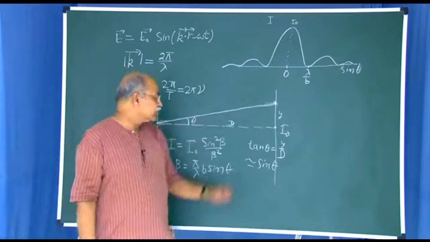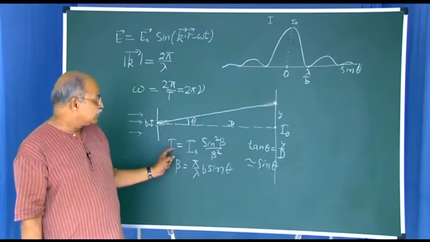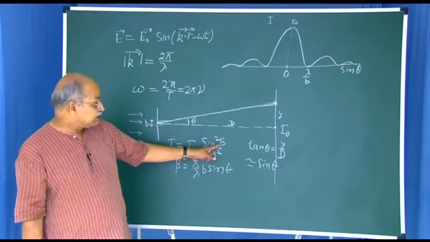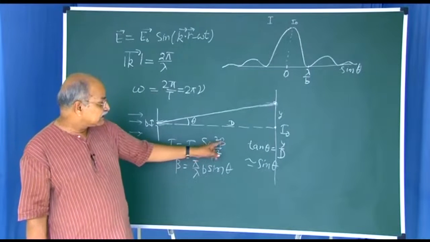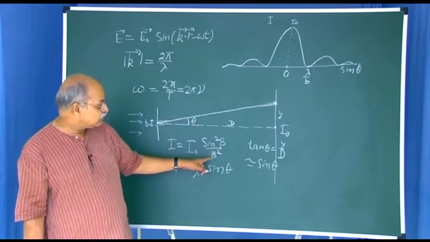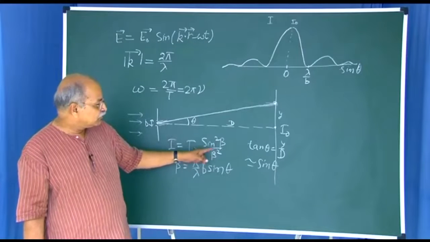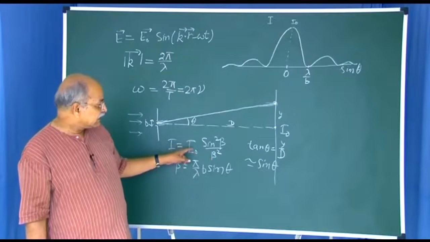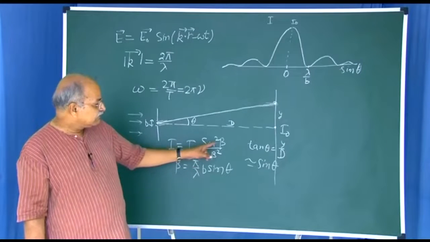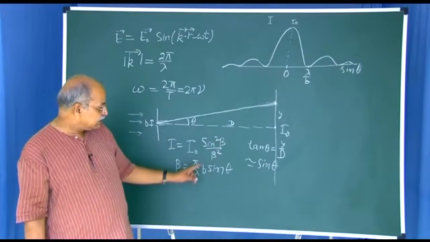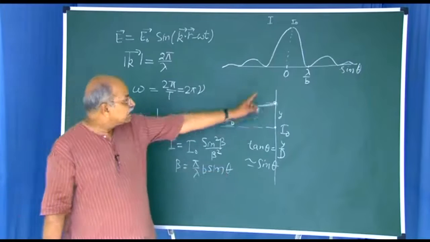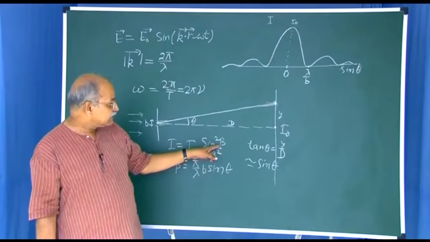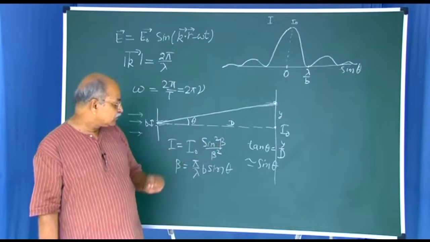This is intensity 0 here, and intensity 0 is when beta is pi. When beta is 0, then sine beta is 0, but then here also you have 0. So, this takes the form 0 by 0, and in the limit this will be 1. So, I is equal to I naught when beta is 0, and beta is 0 when theta is 0. So, here it is I naught, and then when beta is pi, sine of pi is 0.